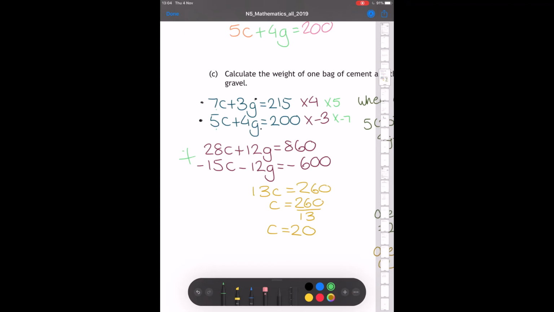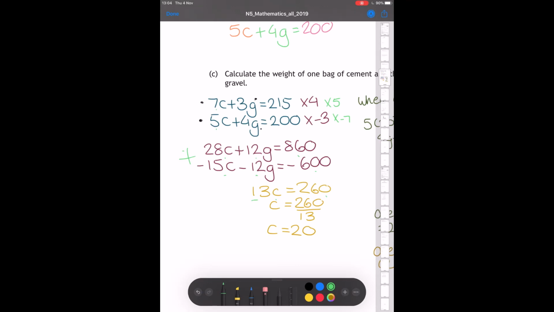So 28C plus -15C is 13C, because when you add a negative, it's just to subtract. Positive 12G, add -12G, again, is 0 because when you add a negative, it's a subtract. And 860 plus negative 600 is 860 minus 600, which is 260.